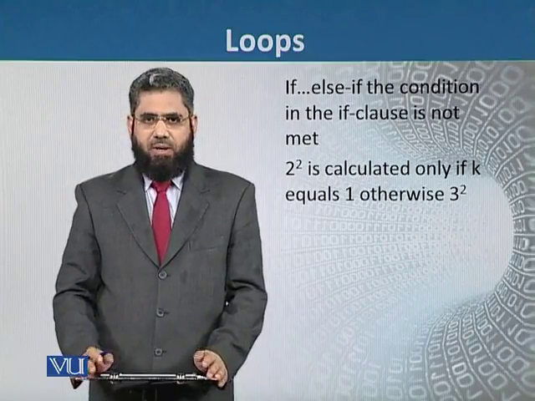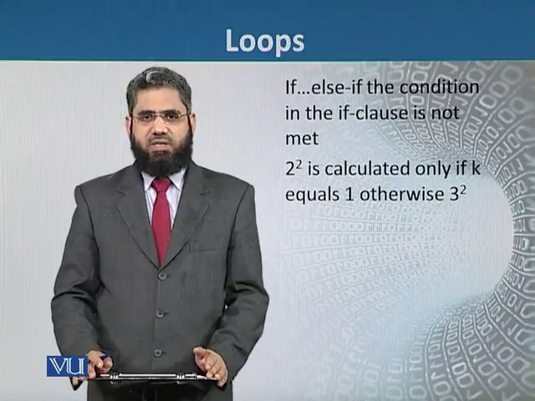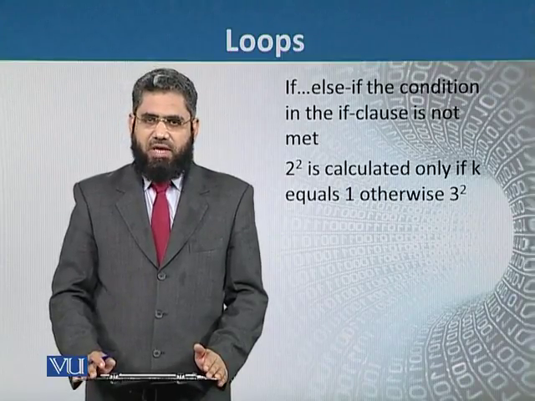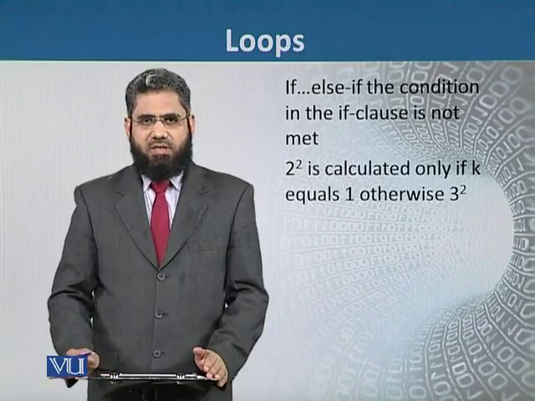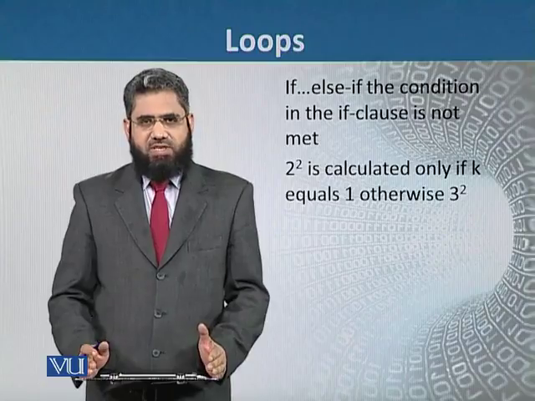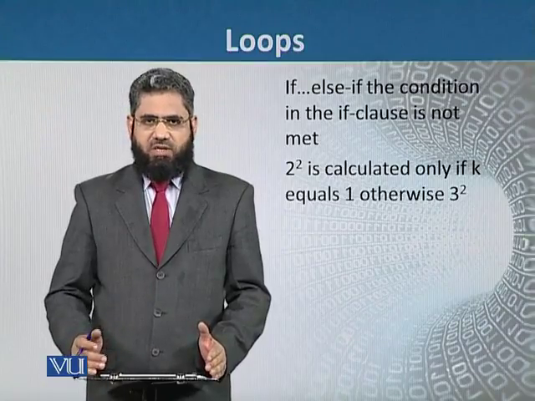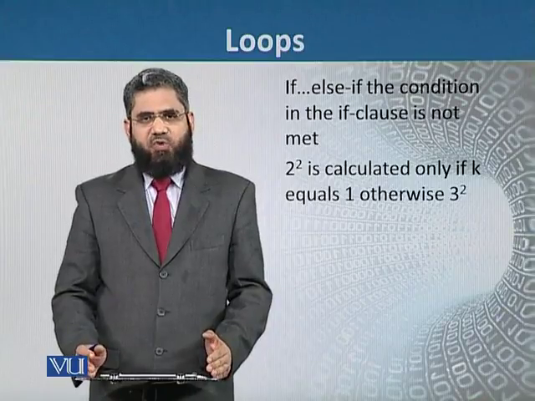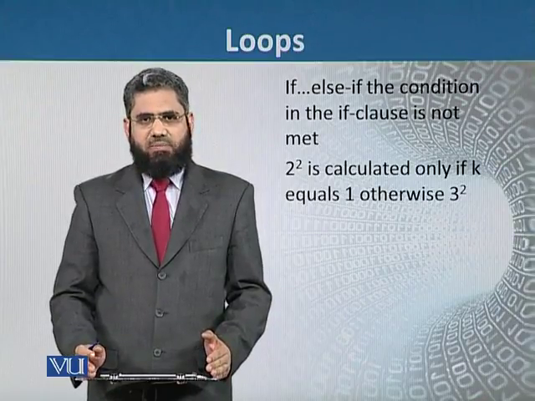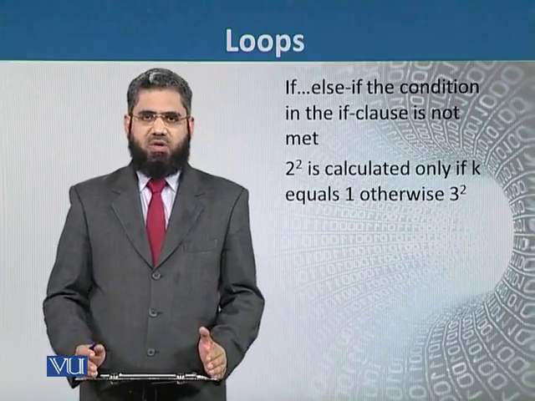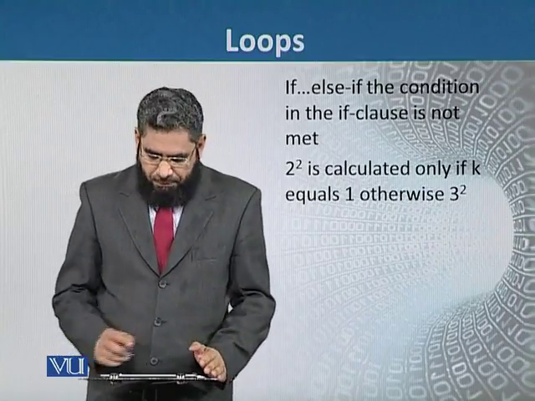But sometimes we need a condition that if k is not equal to 1, then it should proceed to some other problem. For example, if k is equal to 1, then it will proceed as 2 raised to power x, and if it is not equal to 1, then it should proceed as 3 raised to the power x. This is called the if else condition.